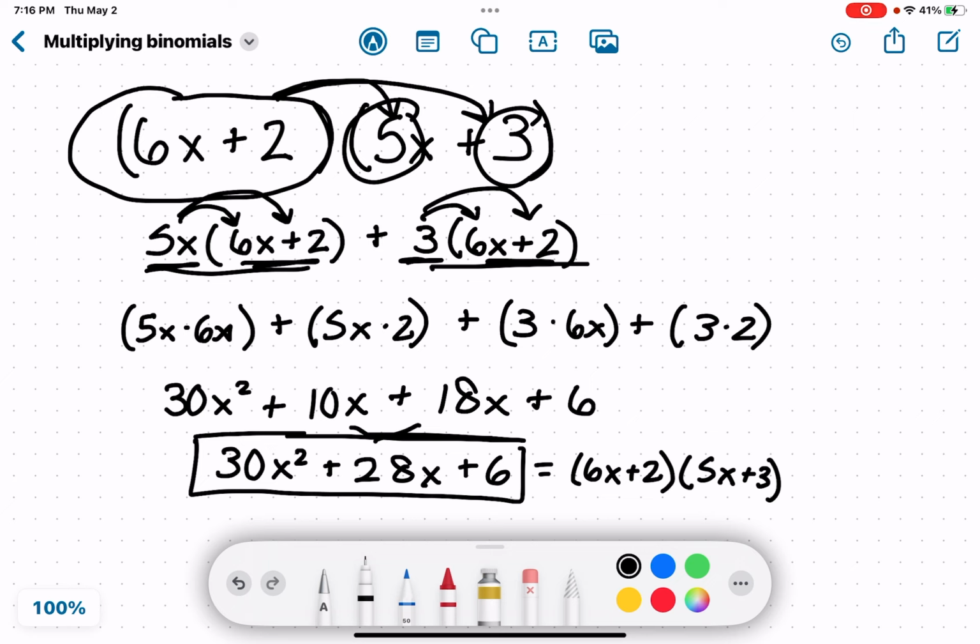And just one thing to note, when you multiply two binomials, so binomial times binomial, equals a trinomial, because as you see here, we have three terms. So this is now a trinomial.